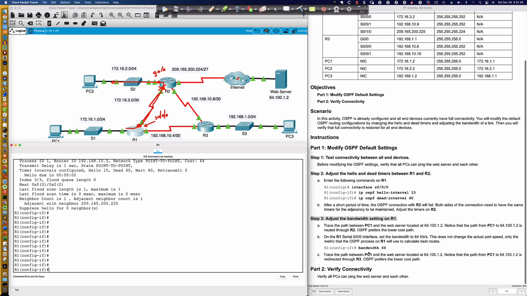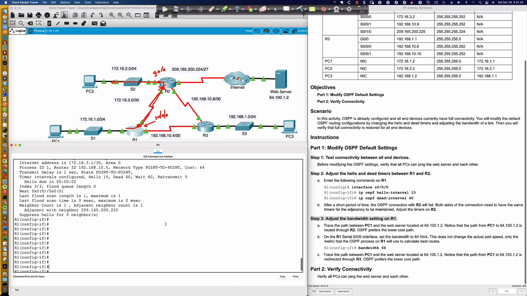The traffic engineering portion, not setting the bandwidth on the interface to what it actually is, if it was fractional, but should you be using the bandwidth statement to perform traffic engineering with OSPF? And the answer is probably not. The purist is going to tell you, no, use the IP OSPF cost statement if that's what you want to do.